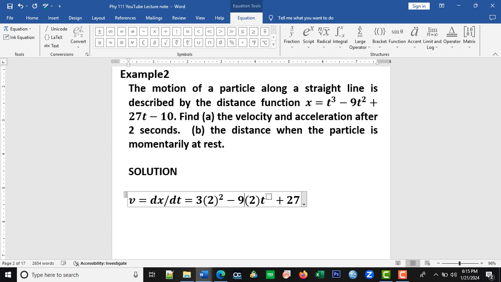In place of t here, 2, I'm going to put, alright, 2 squared gives us 4. So this expression will now reduce to 4.